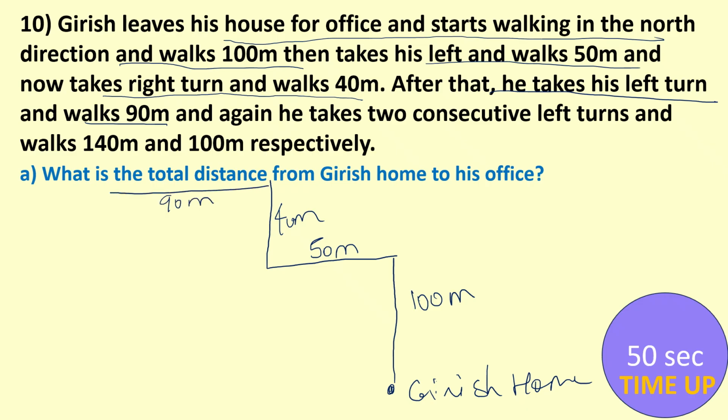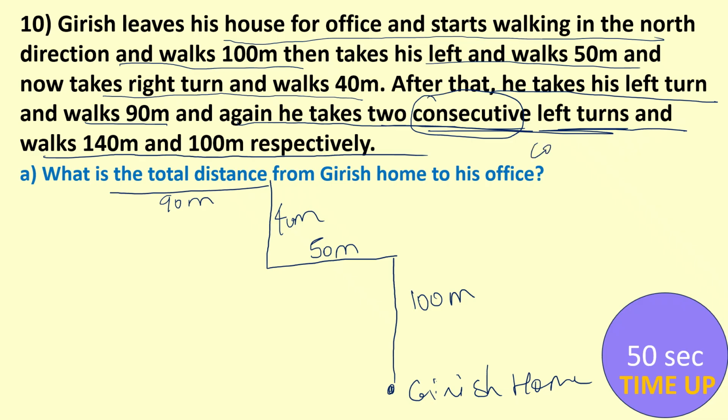And again he takes two consecutive left turns and walks 140 meter and 100 meter respectively. Consecutive, I told you in the last class, means continuously. So continuously he will take two left turns with 140 meter and then 100 meter respectively.